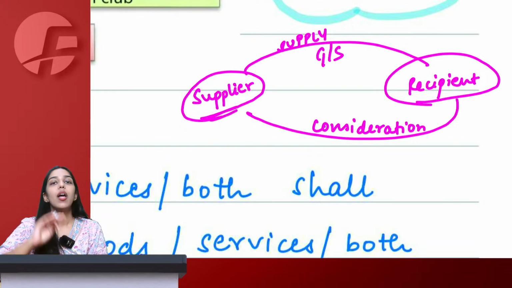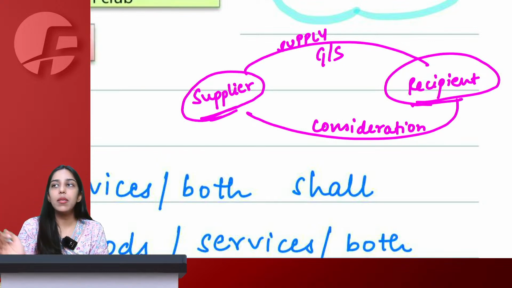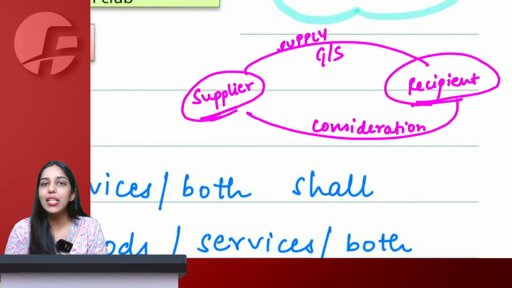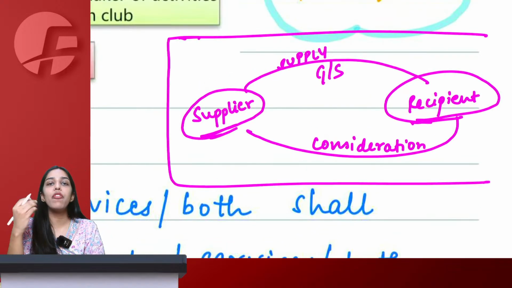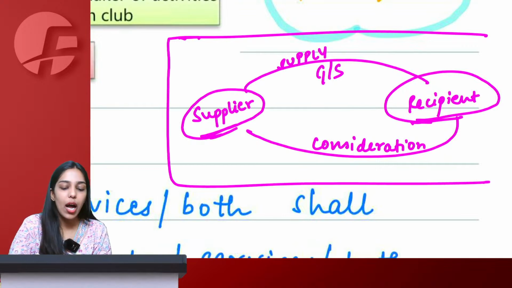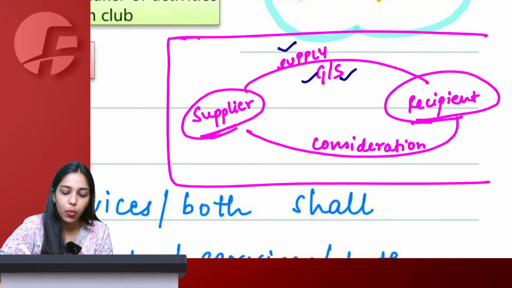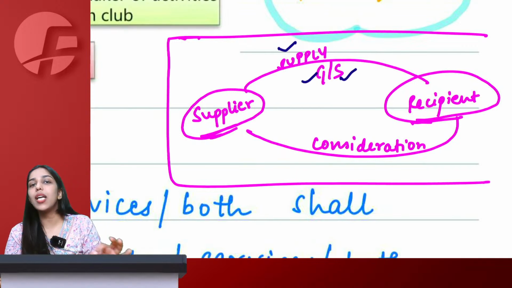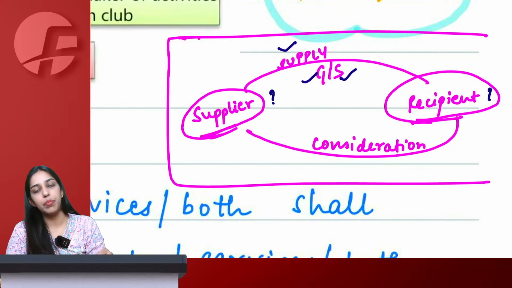A supplier supplies goods or services to a recipient, and the recipient in return pays consideration. This is how a normal mechanism of any transaction works. Out of these terms, we understood what is supply, what is goods, and what is services. Now is the time to understand who is a supplier and who is a recipient.